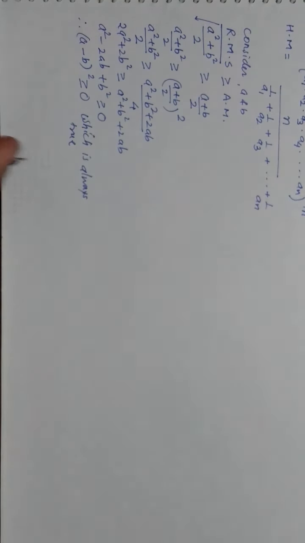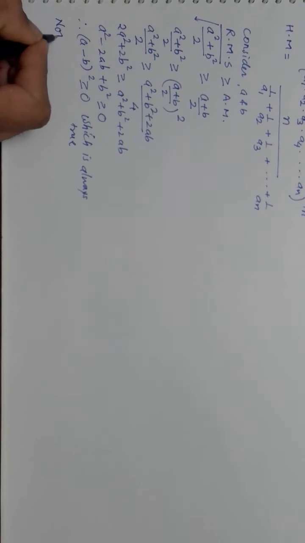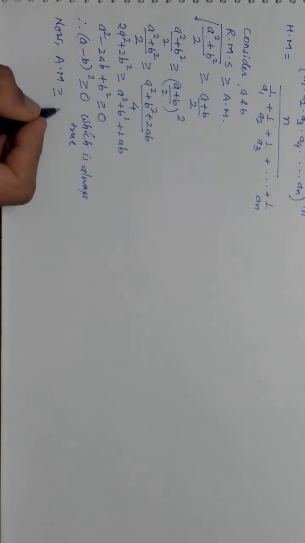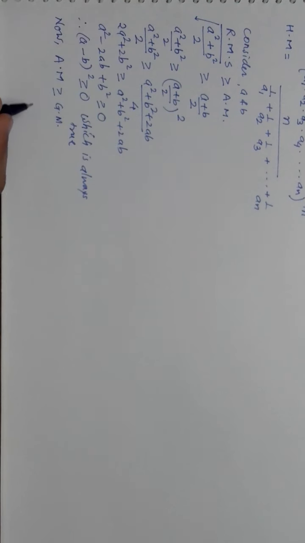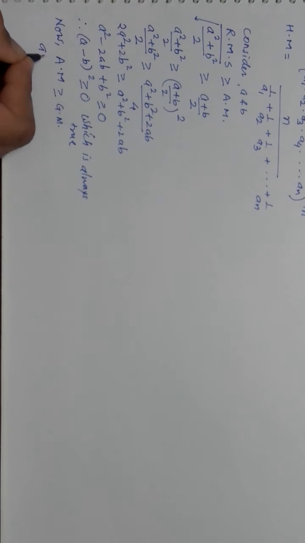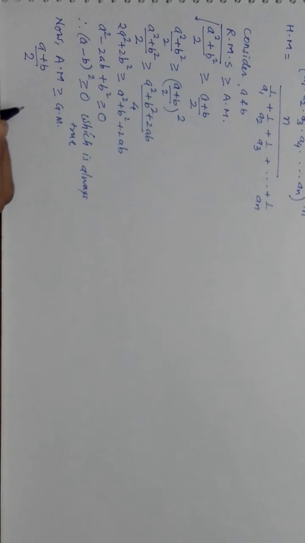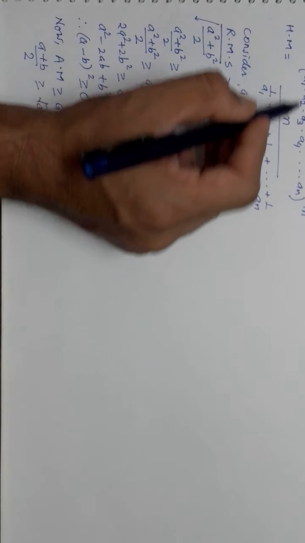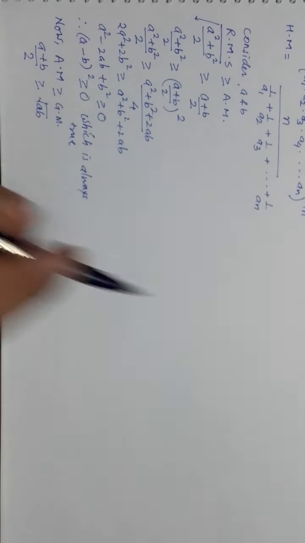Okay. Now if you go to the second relation, that is, now if you talk about arithmetic mean, which is greater than equal to geometric mean. Agreed? So arithmetic mean of yours is already sum of numbers divided by total numbers of terms, that is greater than geometric mean. Geometric mean is nothing but under root AB, right? Because here geometric mean is nothing but product of all the terms and its nth root.